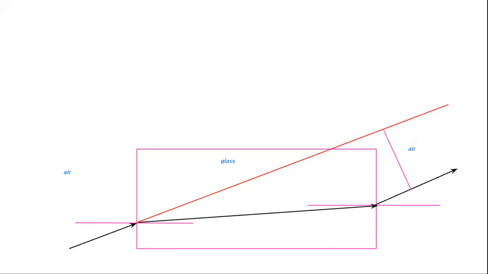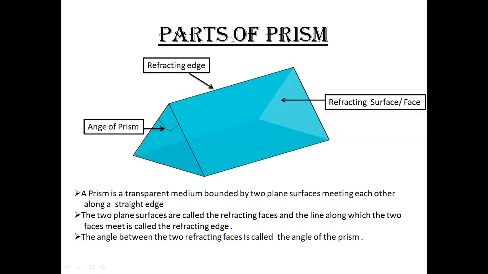Now you see, this is the refracting surface of the prism.